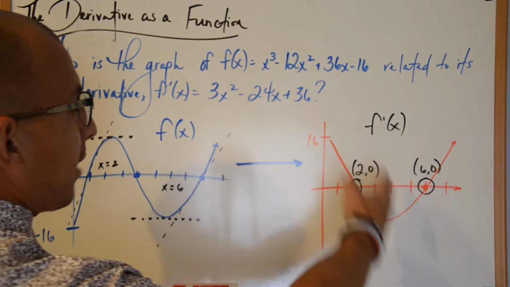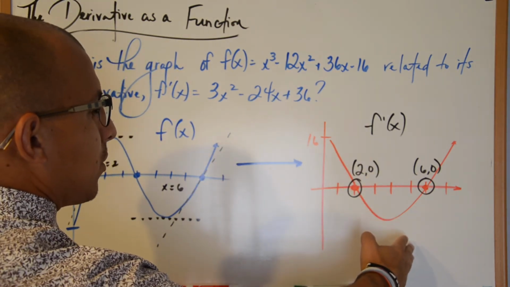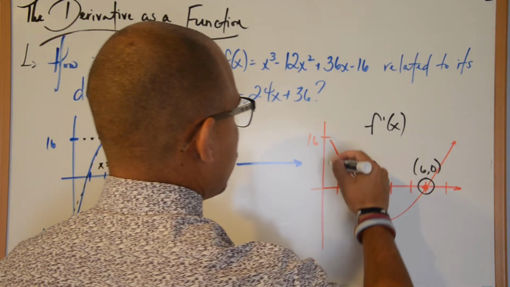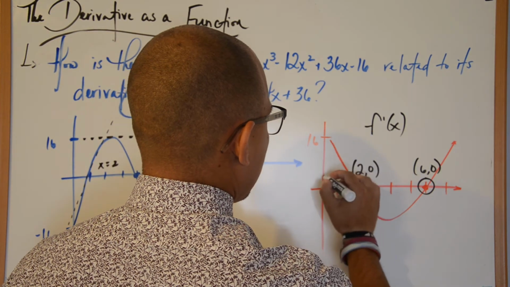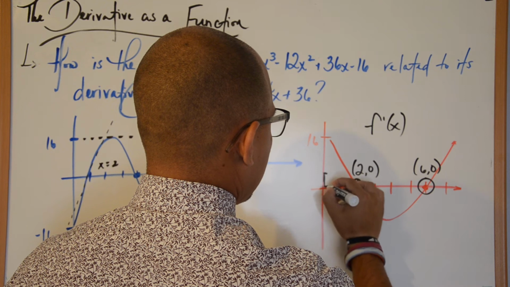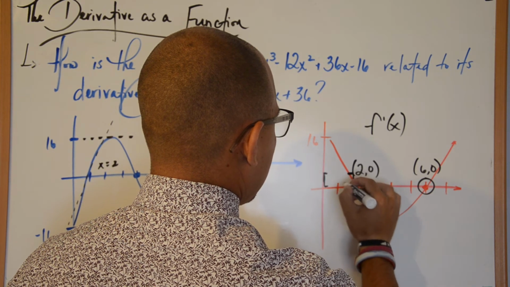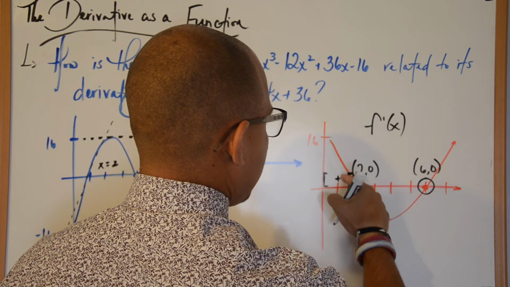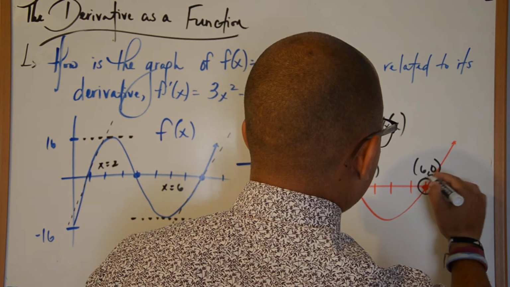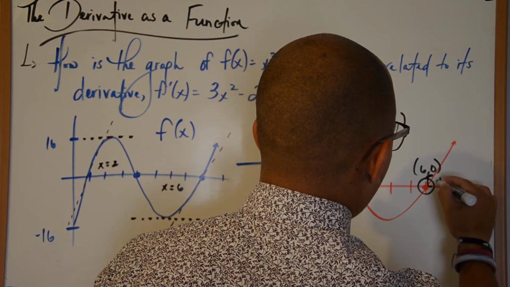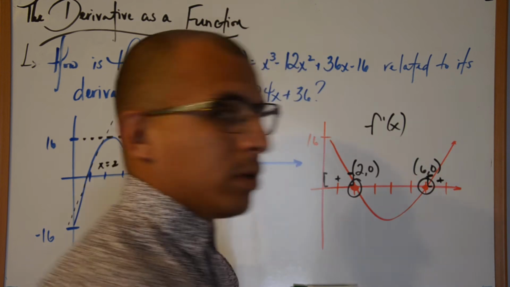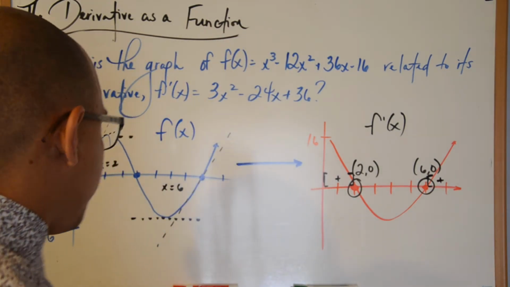How does that reflect on the graph of our derivative? Well, from 0 to 2, right, so this interval here, we can see that we have a positive output, and then from this interval onwards, right, to infinity, we also have positive outputs.